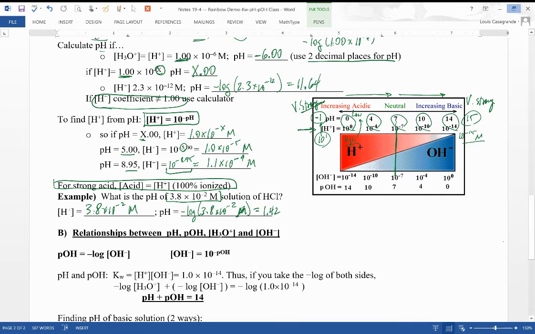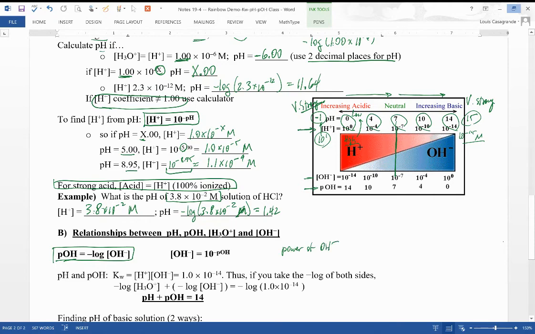Down here, the hydroxide concentration goes the other way. And now we also have something called the pOH. So pOH, we're not going to go through calculations because they're in the notes and they're exactly the same as the calculations for pH, exactly the same kind of situation. pOH is the power of hydroxide.